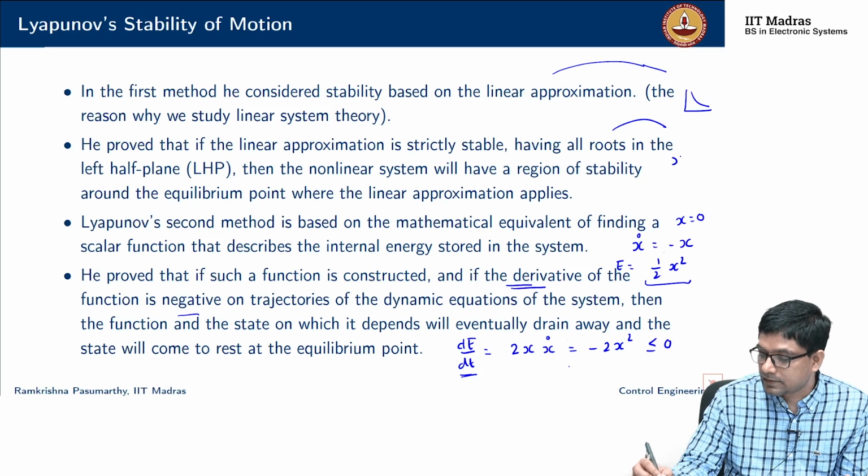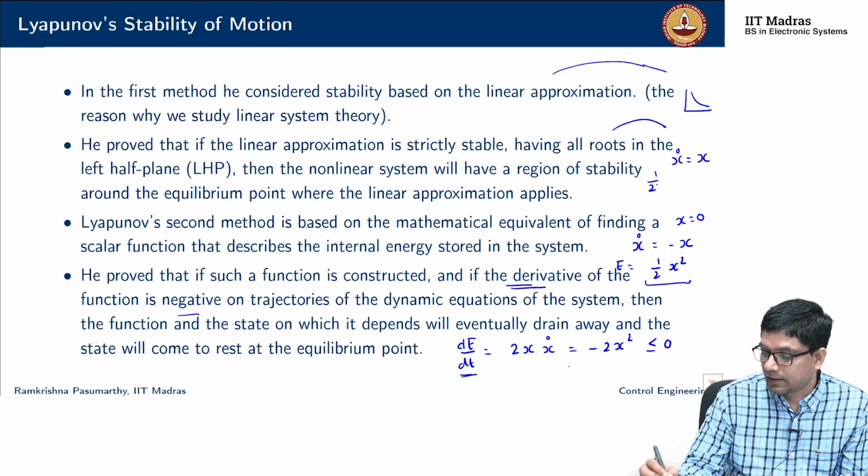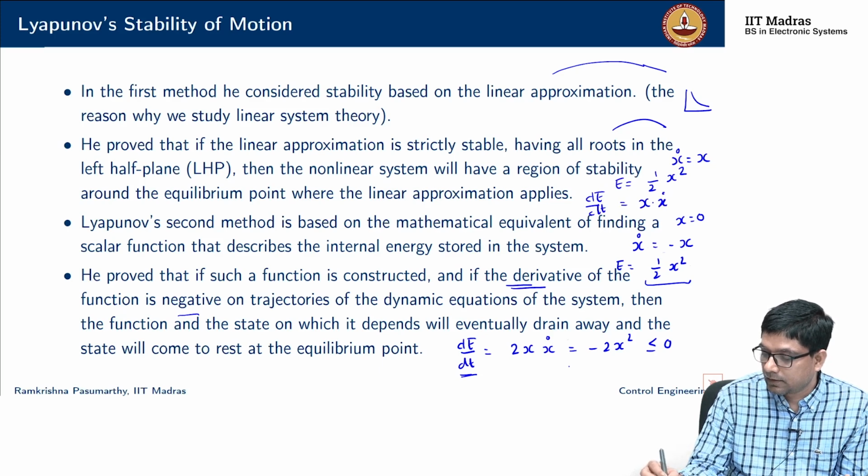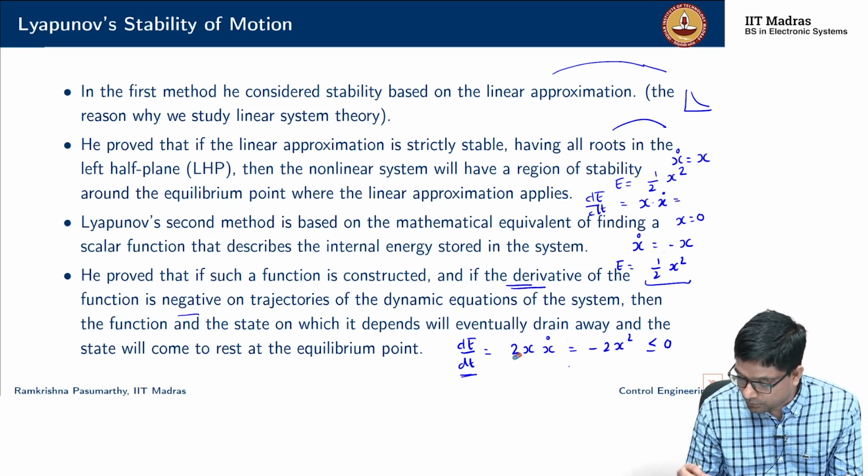On the other hand, take a system of the form x dot equal to x, and again I have an energy of the form half x square. dE by dt is x times x dot. There will be no 2 here, because the 2 disappears because of the 1 by 2.